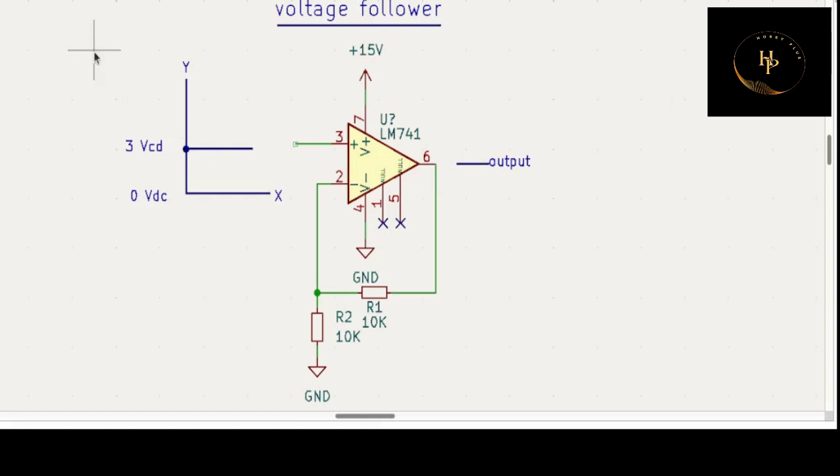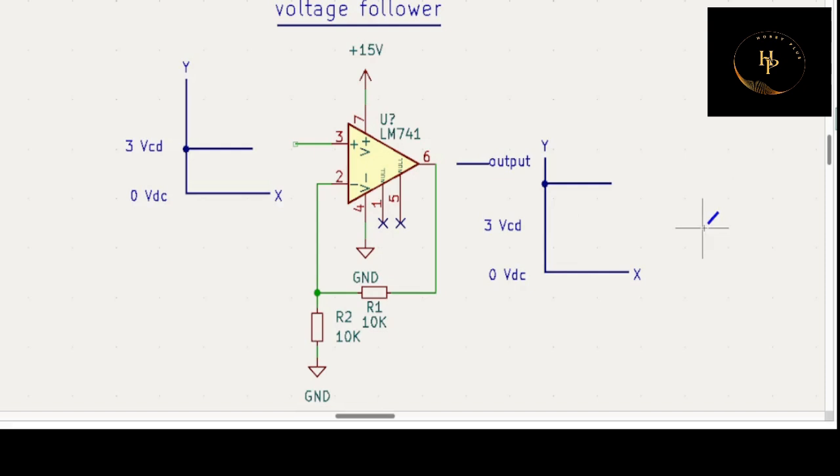That means the output curve is something like that, but this is your 6 volt. You get here 6 volt, and that is your amplifier circuit.